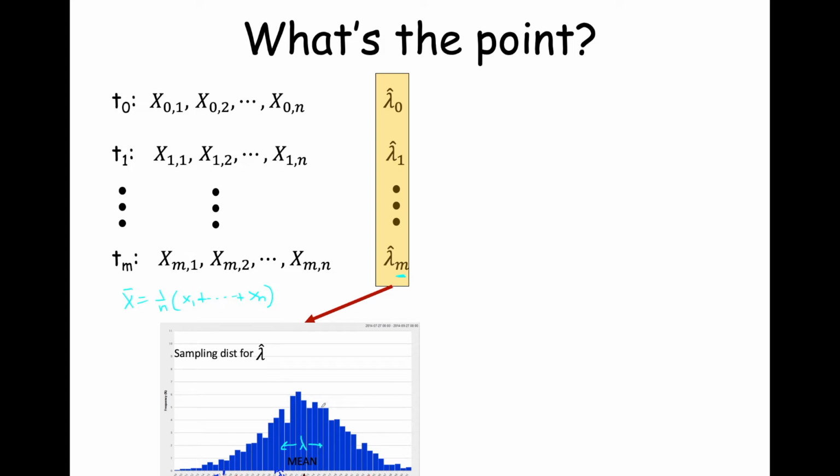So we have a mean of the sampling distribution. We also have a standard deviation. The standard deviation of this sampling distribution for lambda hat is also known as the standard error, and that's our dispersion. And so using the so-called bootstrap method, continually sampling from the data.